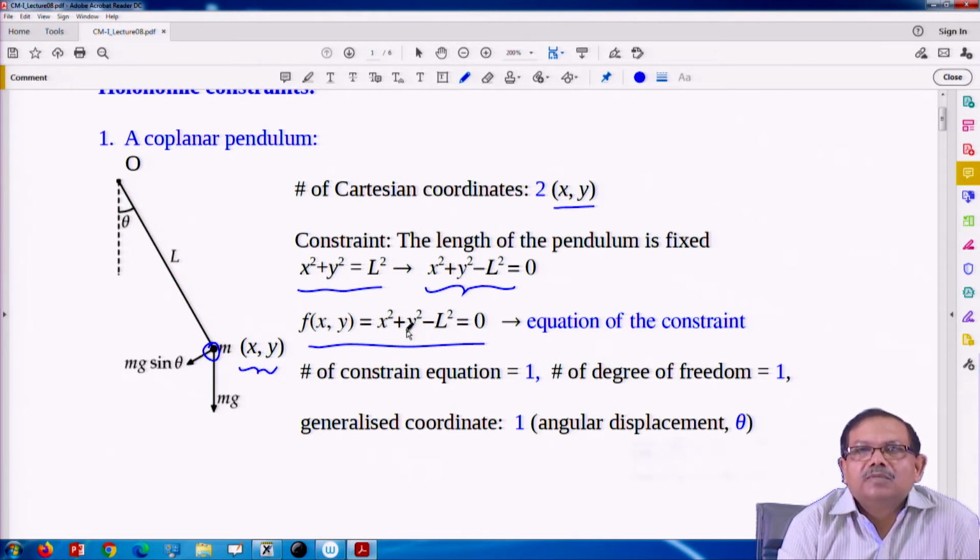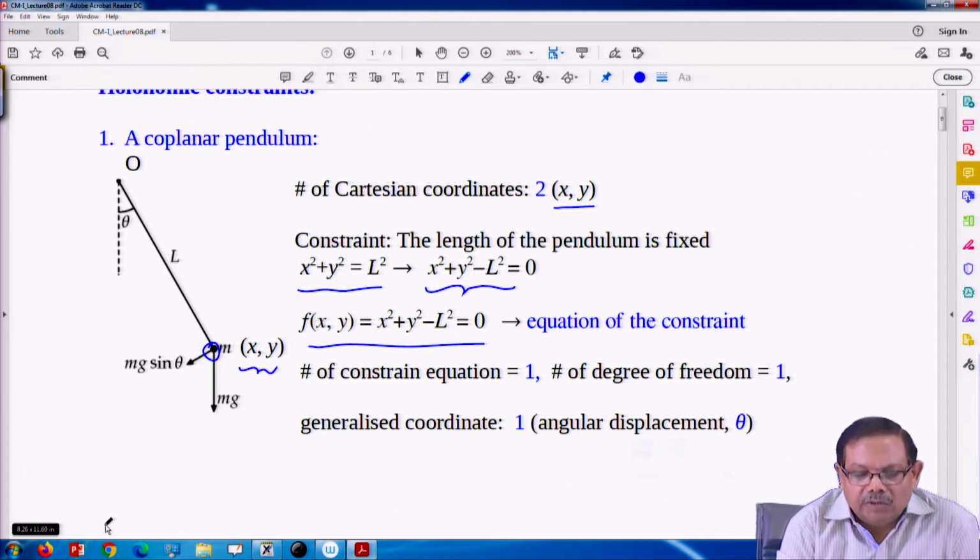Only one of them may be considered to be independent, both cannot be; they are connected through this relationship, the length is fixed. So, in this problem we have one constraint equation, f of x y equal to 0, and f of x y is x square plus y square minus L square.